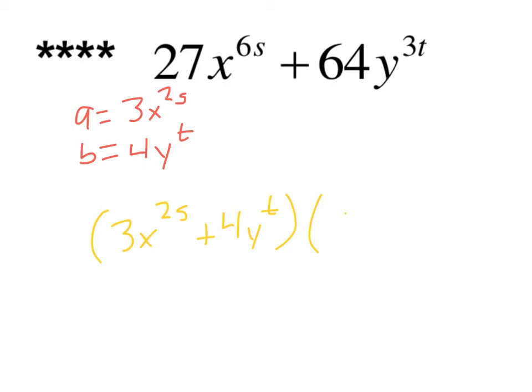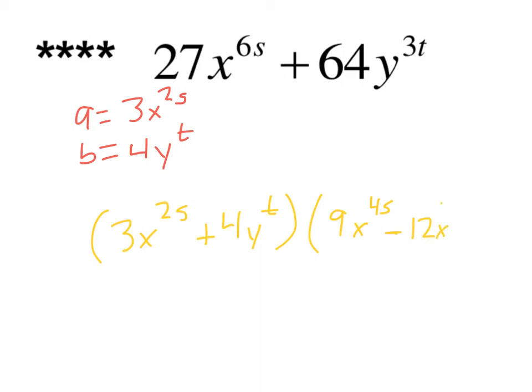So 3 squared is 9, x to the 2s squared. That's a power raised to a power. When you have a power raised to a power, we multiply. So 2s times 2 is 4s. So that's x to the 4s minus ab. 3 times 4 is 12.